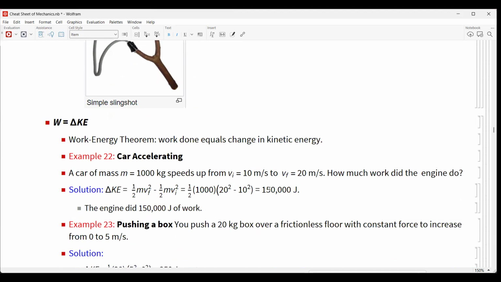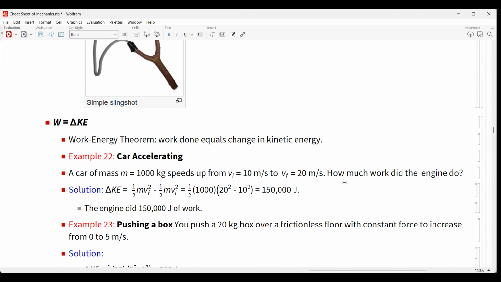We have the work-energy theorem. Work equals the change in kinetic energy. A car accelerates: a car of mass m, 1,000 kilograms, speeds up from an initial velocity of 10 meters per second to a final velocity of 20 meters per second.